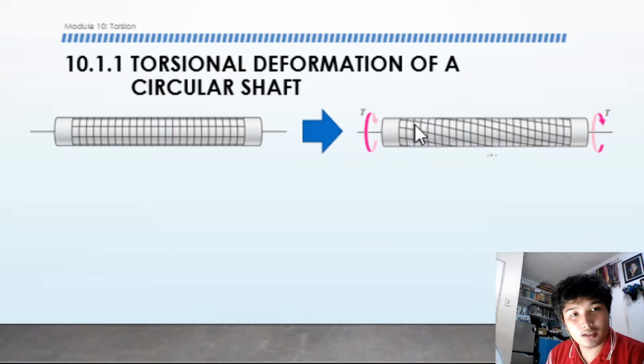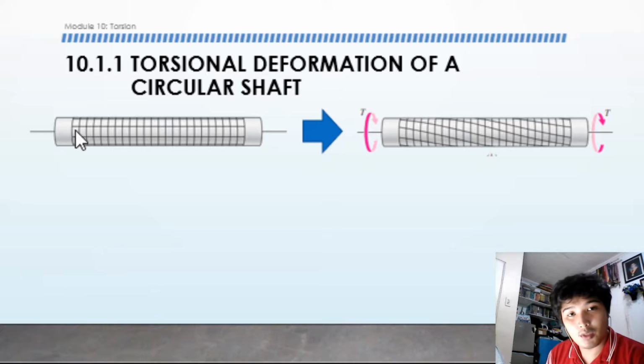So, ang nangyayari class, yung mga vertical lines which represents yung cross-sectional area is still vertical line. So, ang pwede kong sabihin doon class is that yung cross-sectional area, okay, pag sinubject natin siya sa torsion is hindi nagbago. Kung bilog siya initially, yung mga cross-sectional area, bilog pa rin siya upon the action ng torque.